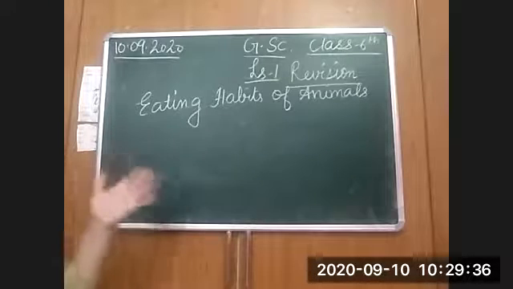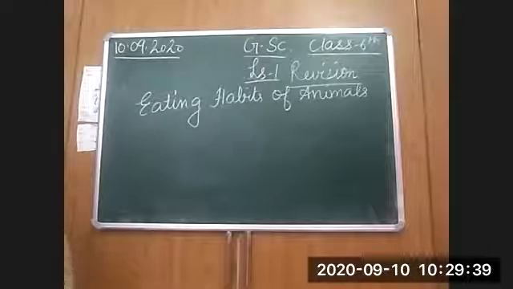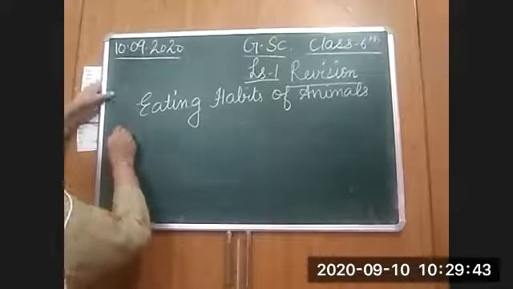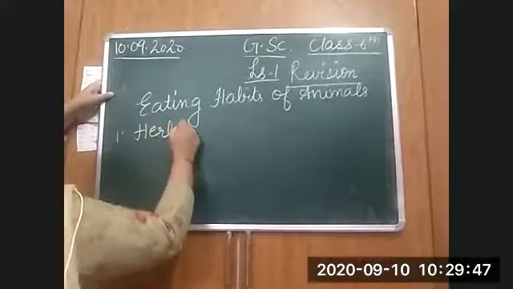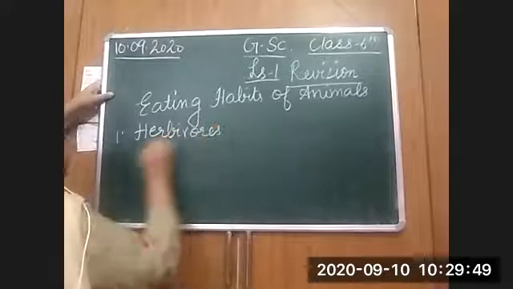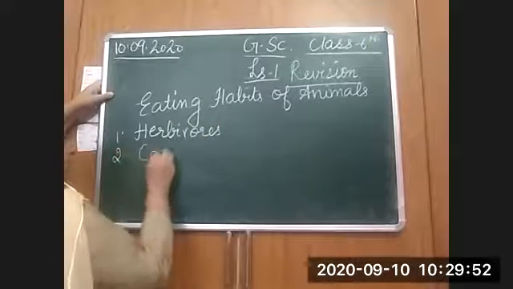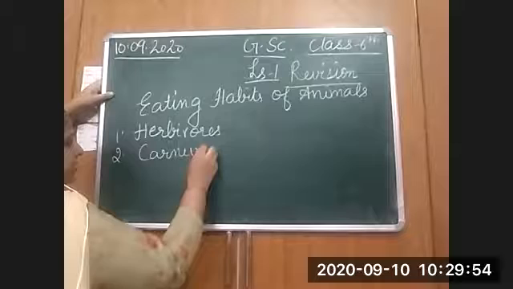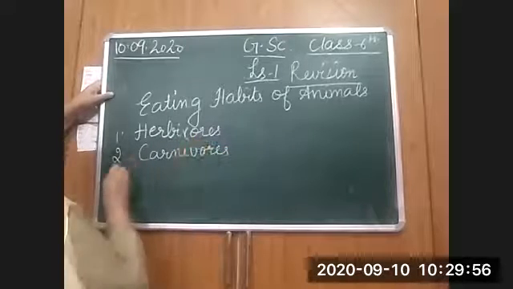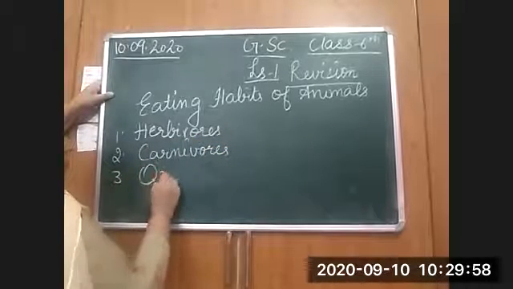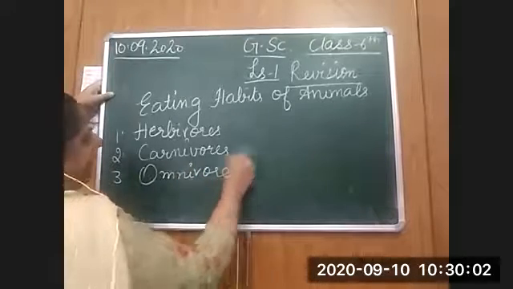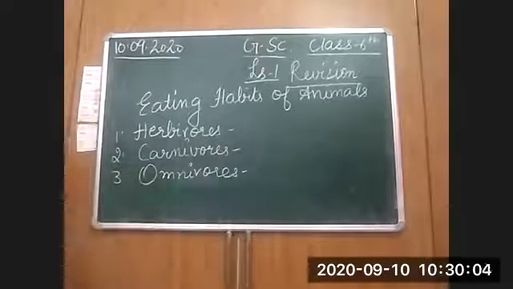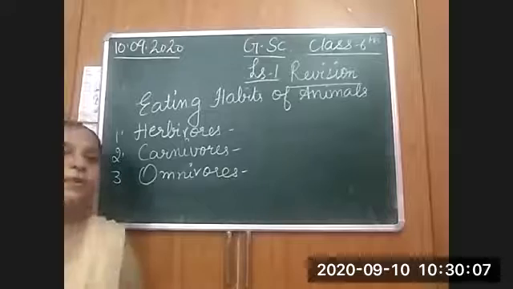So based on their feeding habits, based on their eating habits, we categorize the animals into 3 types, that is herbivores, carnivores and omnivores. We categorize into 3 kinds, that is herbivores, carnivores and omnivores.